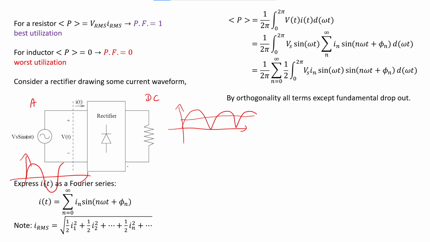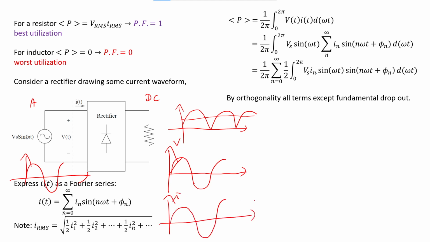Maybe I should introduce this term first. You have a voltage waveform like this, and you have current from the source in the same form like this. It is good utilization, because there's no shift, right? This is a sine wave, this is also a sine wave.